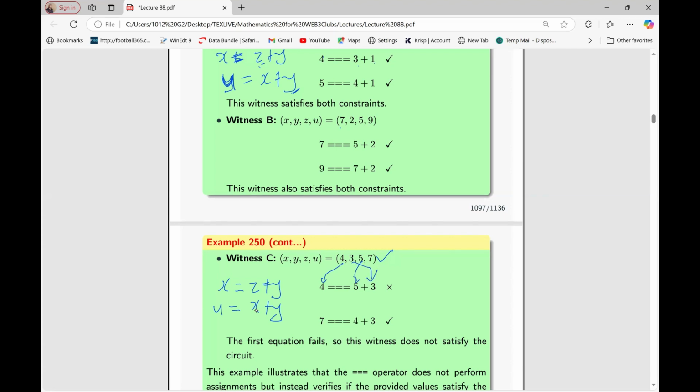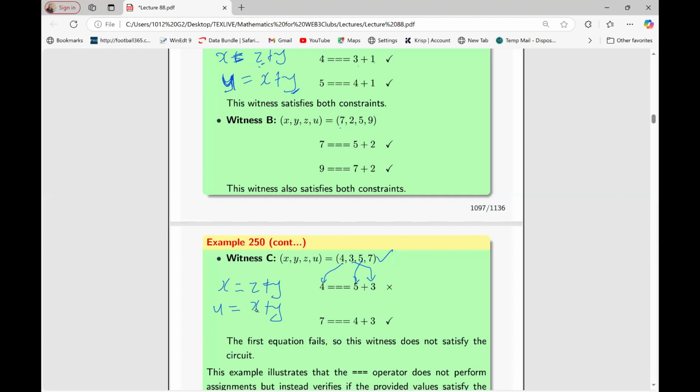And see that the equation is not satisfied. On the right side, we are seeing 8, and on the left side, we are seeing 4.